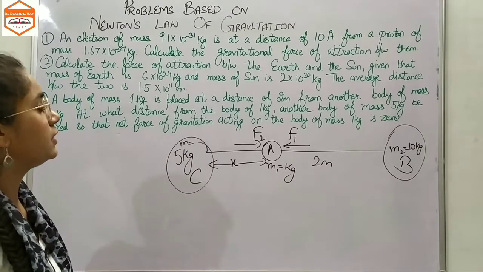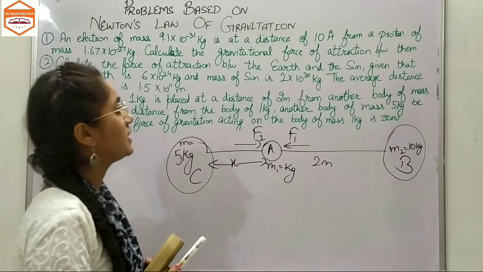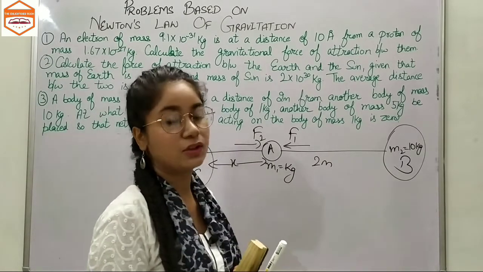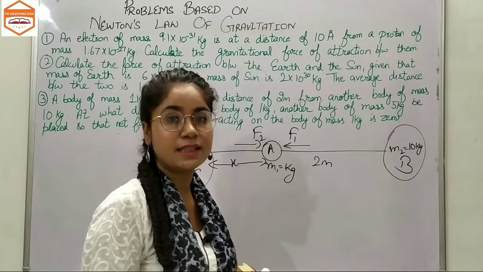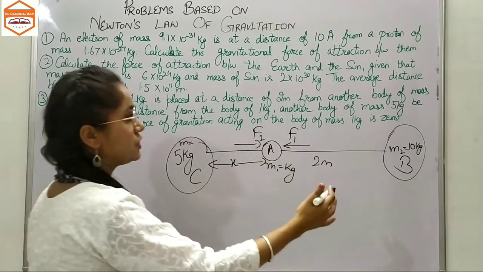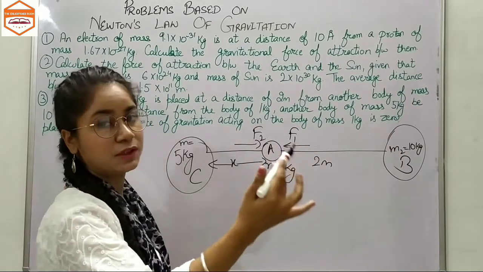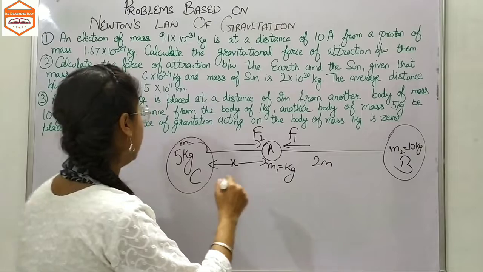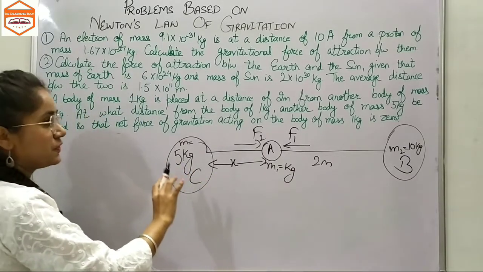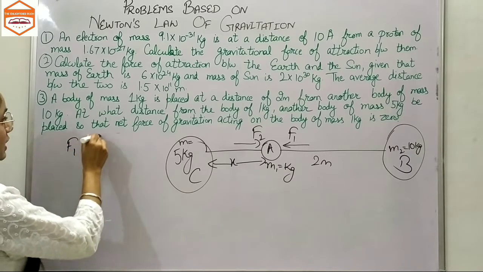Now from the statement, you would see that the net force of gravitation acting on the body of mass 1 kilogram is 0. What does that mean? That means the gravitational force of B on A is equal to the gravitational force of C on A. That means F1 equals F2.